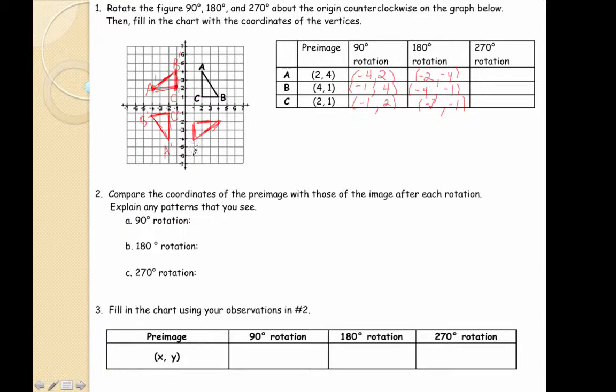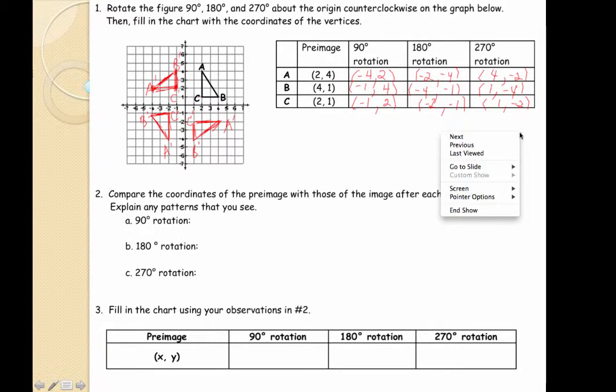So this one is B prime, this one is A prime, C prime. So this time A prime is 4, negative 2, and B prime is 1, negative 4, and C prime is 1, negative 2.